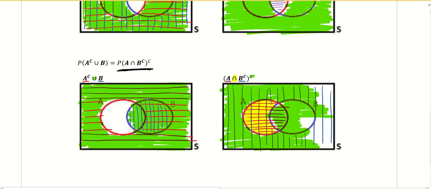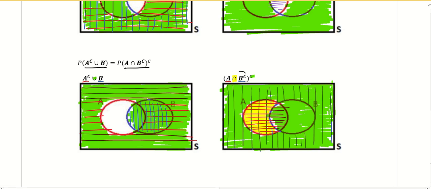So everything that's not shaded yellow gets shaded green because that's the complement. And we can see that that shaded green area on the right is the same as the shaded green area on the left, meaning that these two statements, these two regions, and thus the corresponding probabilities are the same.